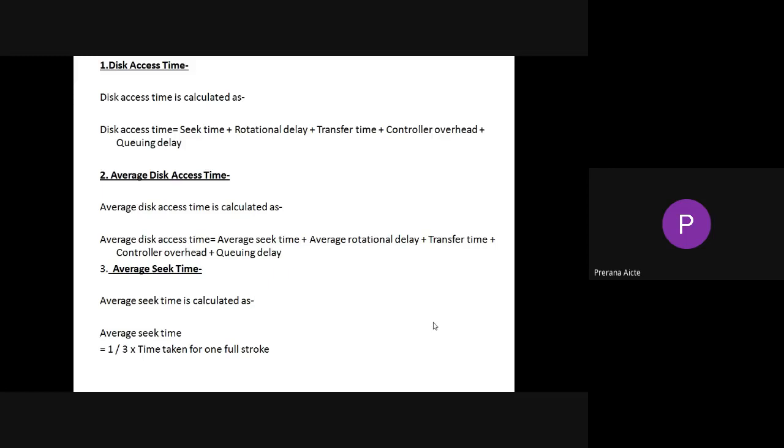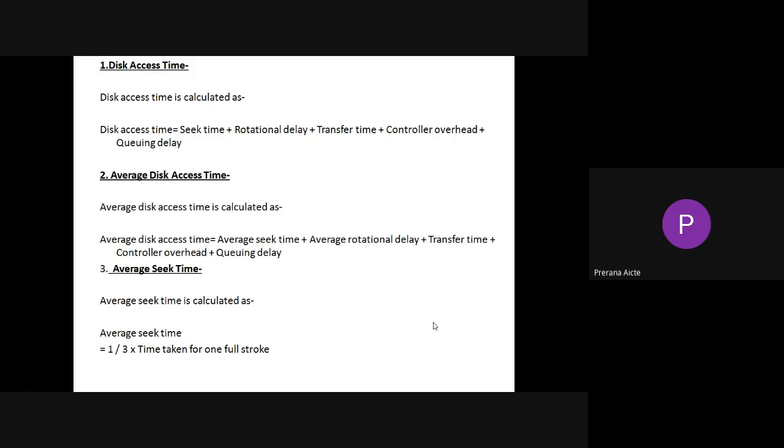This is disk access time. How to calculate average access time? Average access time equals average seek time plus average rotational delay plus transfer time plus controller overhead plus queuing delay.